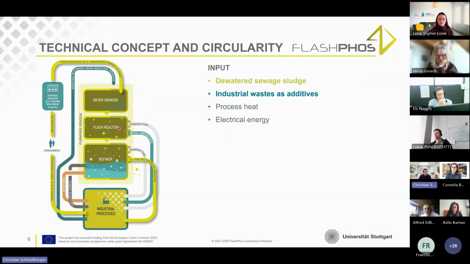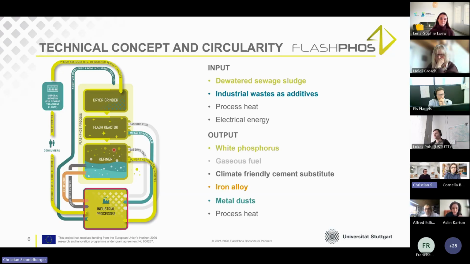Then we continue with the flash reactor, which is the entrained flow reactor. This is operated at very high temperatures to produce a slag, a gaseous fuel when operating it at substoichiometric conditions, and a heavy metal concentrate. And the last step is a refiner step, which is basically an electric arc furnace for our project.